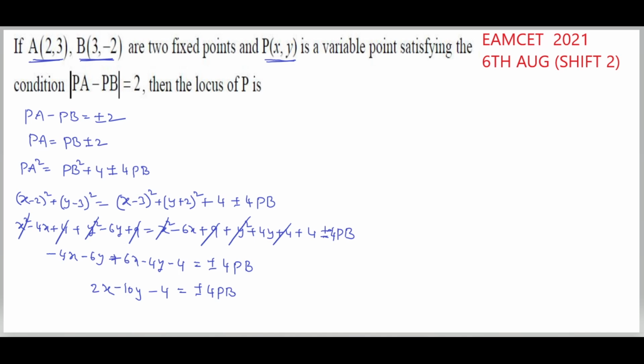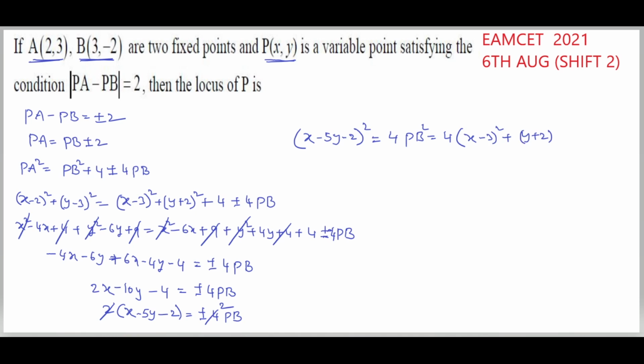So take 2 common, this is x minus 5y minus 2 is equal to plus or minus 2 PB. Again squaring on both sides, that is (x minus 5y minus 2) whole square is equal to 4 into PB square, this is (x minus 3) whole square plus (y plus 2) square.